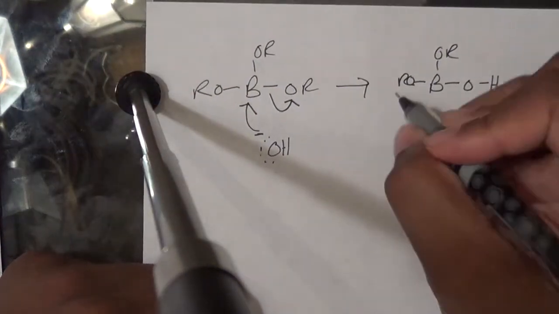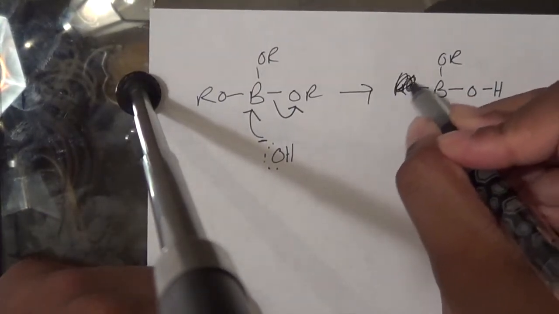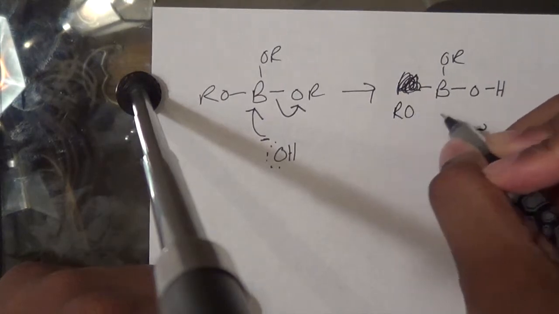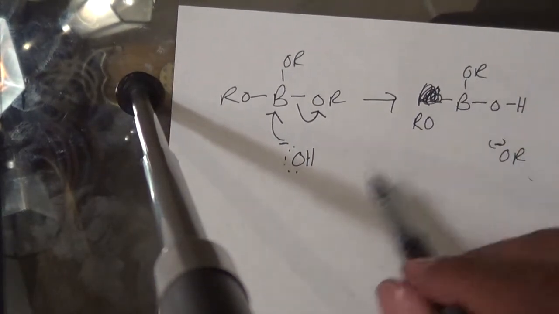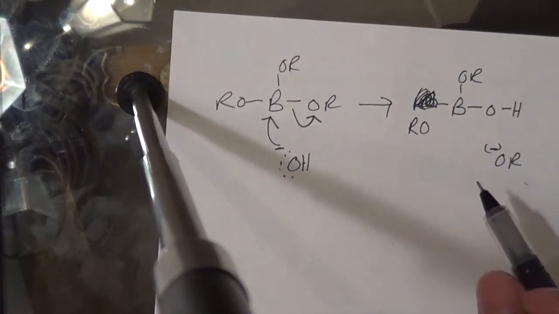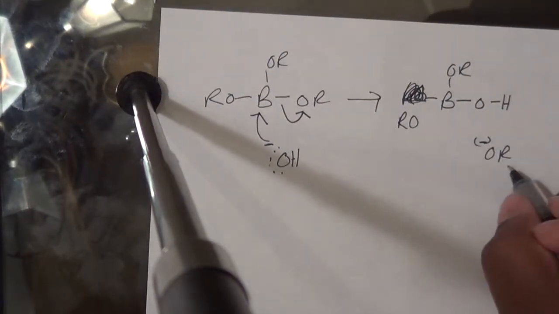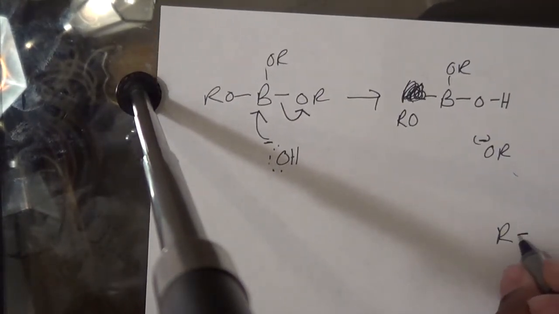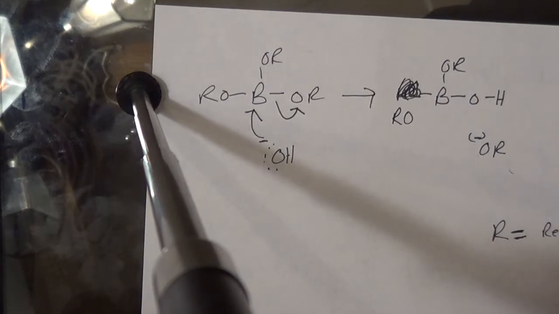So this is OR here. OR, okay? So we have BOR, BOR, the hydroxide attacks there, and this is popped off, so we have this. Now, this OR group, which is an R group, was equal to that big methyl group that we had in the beginning. So refer to earlier notes.